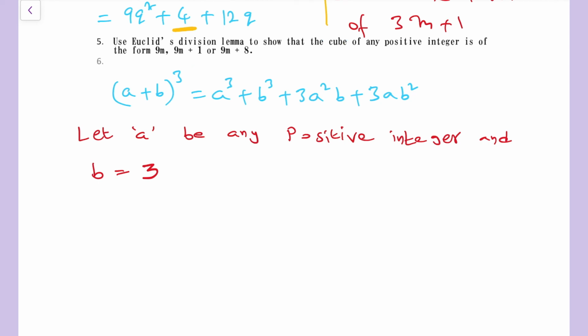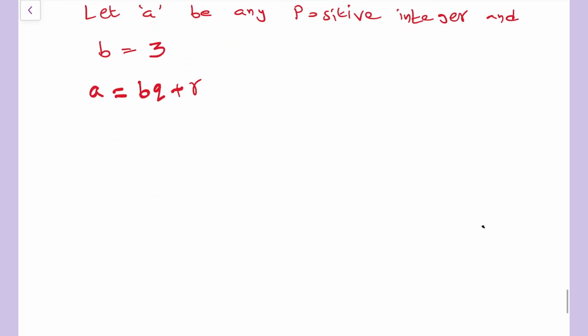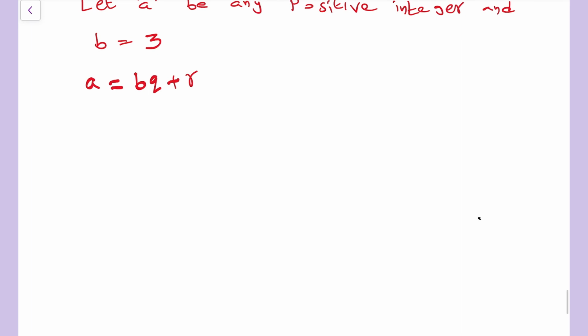So now by Euclid's division, a equals bq plus r. Let us substitute in this now, one by one neatly. a equals, b value is 3, q plus r. Then what are the possible remainders here? Remainder equals, b value 3, right?